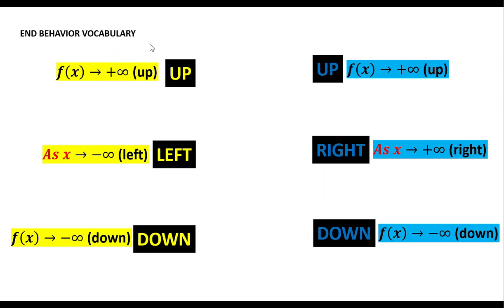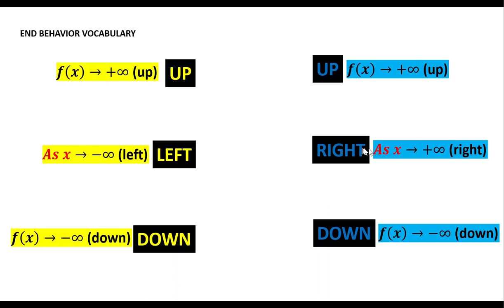The end behavior vocabulary. To describe end behavior, you have to describe two things: which direction the x values are growing and which direction the function or the actual graph is going. So right here in the middle, we have right and left. Your x can grow to the right.